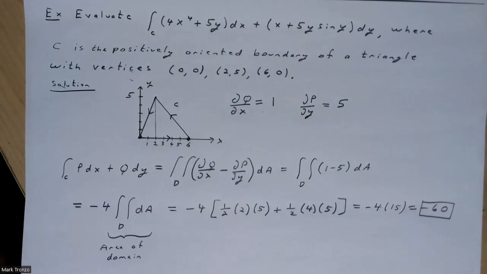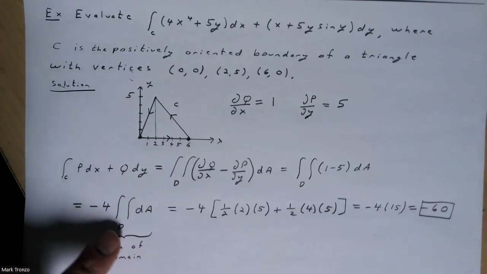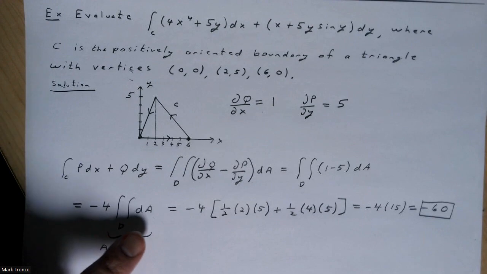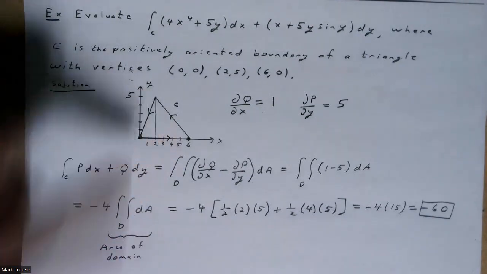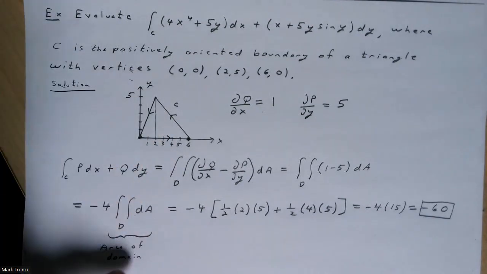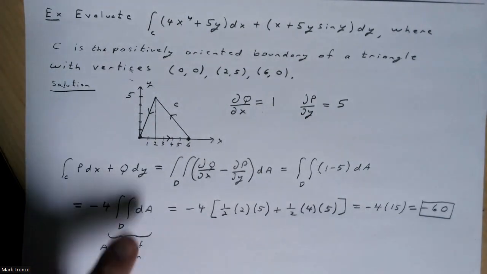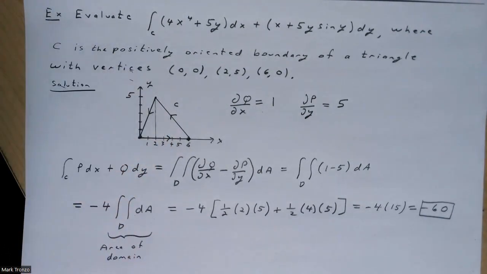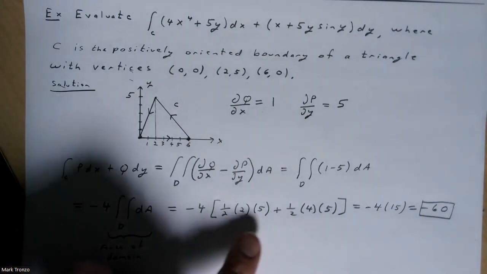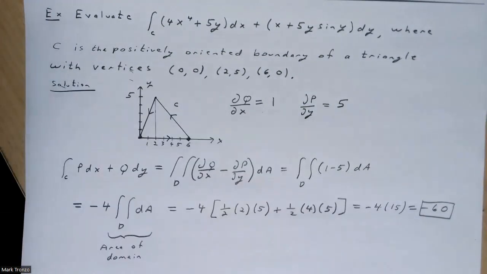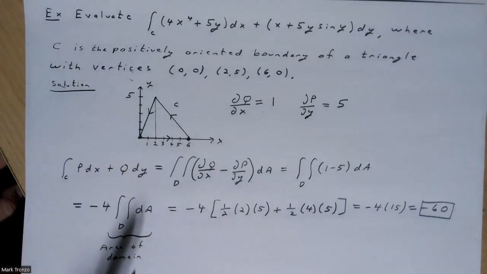So again, always remember that if you get down to this point here and you know the area of the domain or can easily find it, that's all you need to do. So here in this case, we just calculated the area of the domain. There were two triangles added together and we got our answer. And again, if it's a complicated domain, you might have to set up the integral anyway and do it.